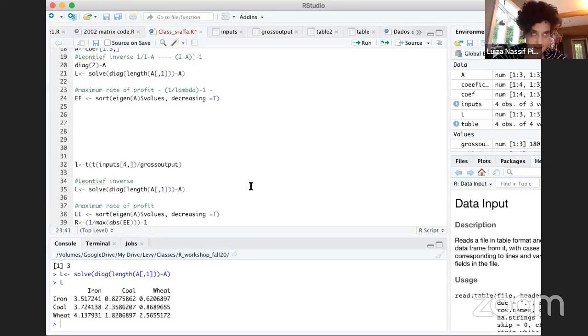So if it's a determinate and non-negative table, the maximum eigenvalue is going to be positive and below or equal to 1, and it's going to be real, supposedly. The maximum eigenvalue is also equal to 1 over 1 minus the maximum rate of profit of your system.